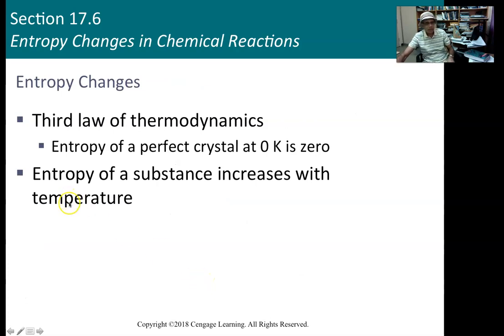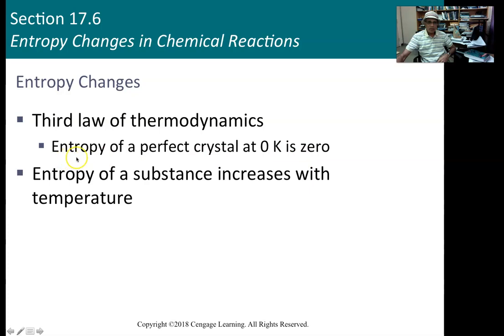Okay, that leads us to consider the third law of thermodynamics. What is the third law? The third law basically gives you the reference value of entropy to the reported value. So the entropy of a perfect crystal at 0 Kelvin is 0.